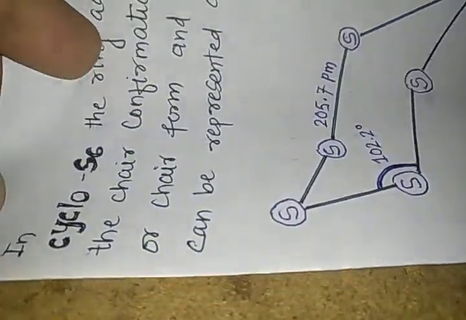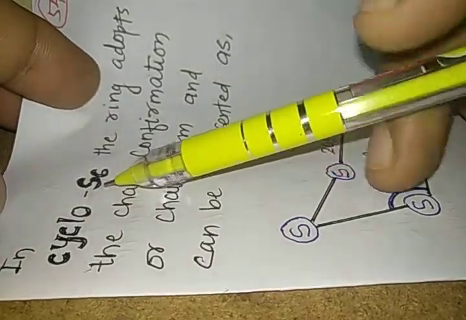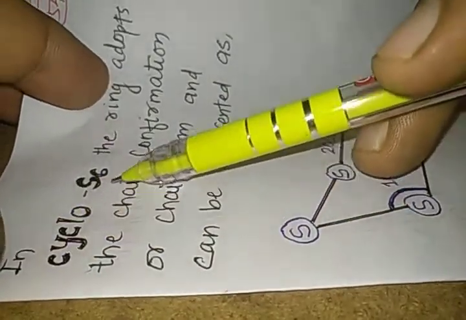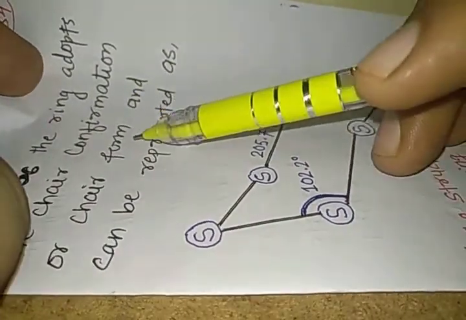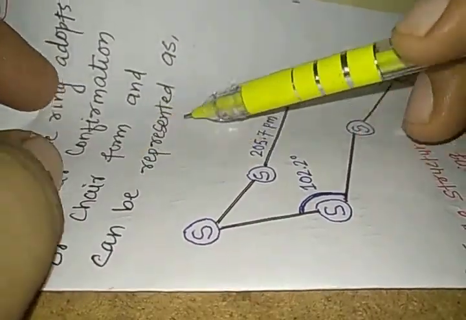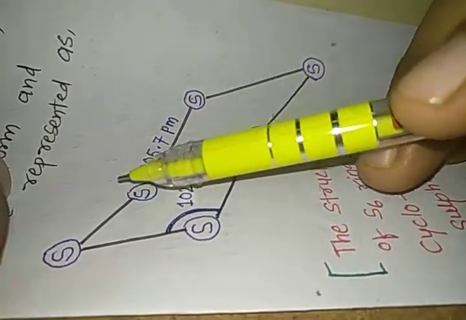Now we want to study about the new form, which is known as Cyclo S6. In Cyclo S6, the ring adopts the chair conformation, or chair form, and can be represented as you can see, this is Cyclo S6.